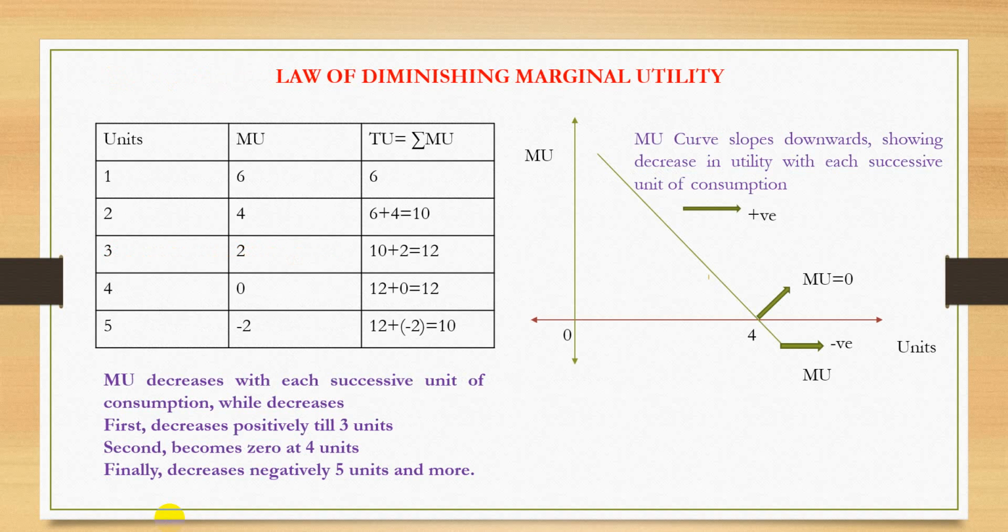The diminishing marginal utility results from the fact that our enjoyment of the goods drops off as more and more of it is consumed. Suppose a consumer is hungry and starts to eat apples. The first unit of apple gives him 6 utils.